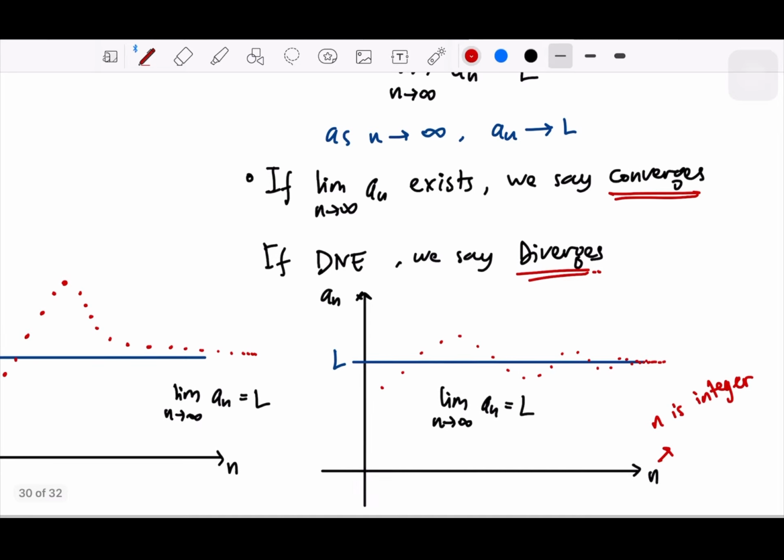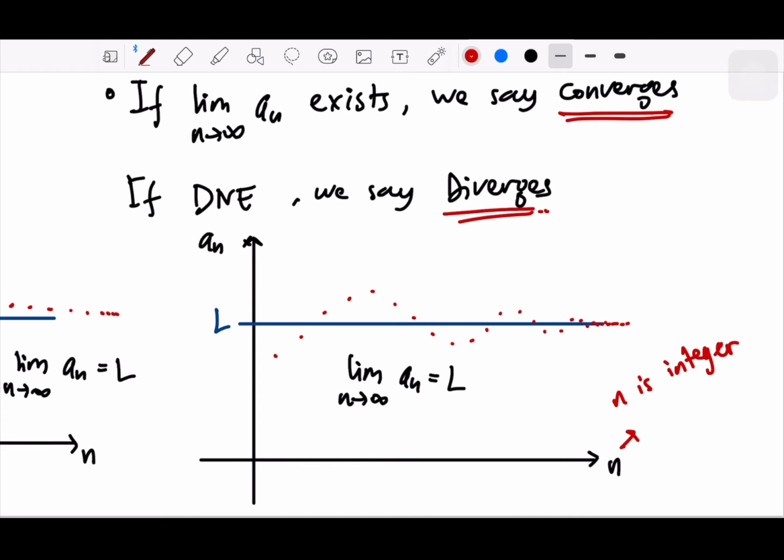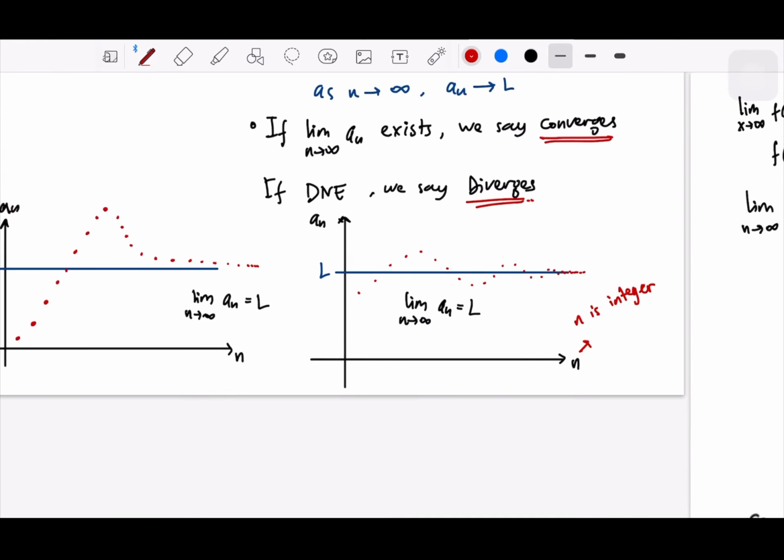Like this one, also the right one, maybe it has some oscillations, going up, going down, going up, going down, but later when you increase n, maybe at a certain point it will reach some finite value L, and we can say this also converges.